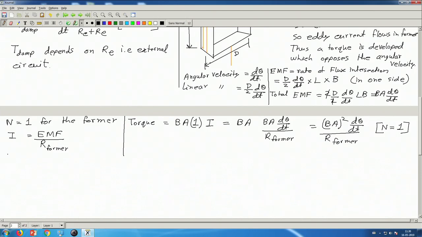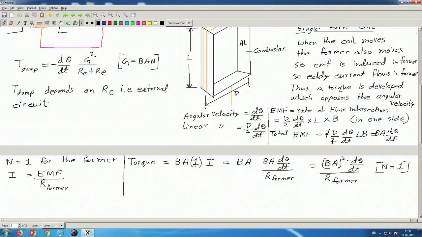So, that was a very quick recapitulation of the derivation, how to find the torque due to the eddy current damping.